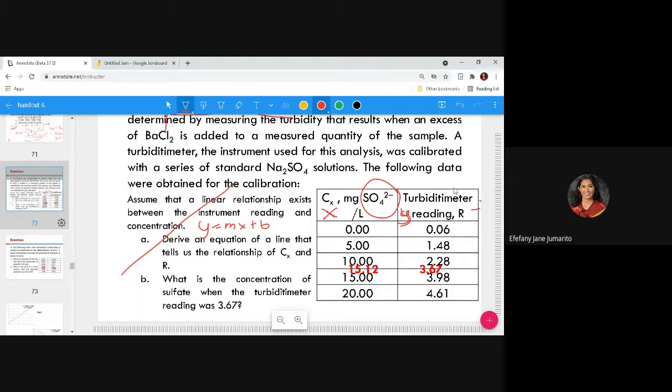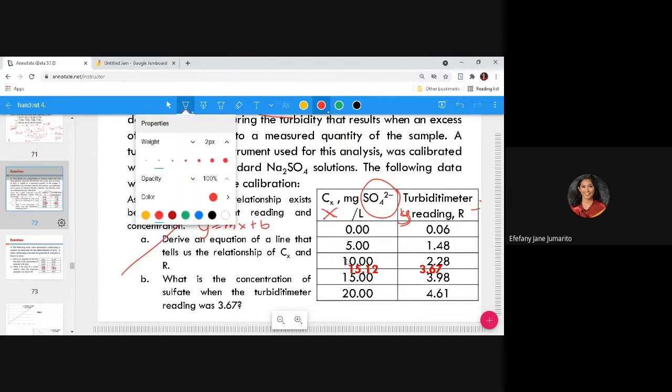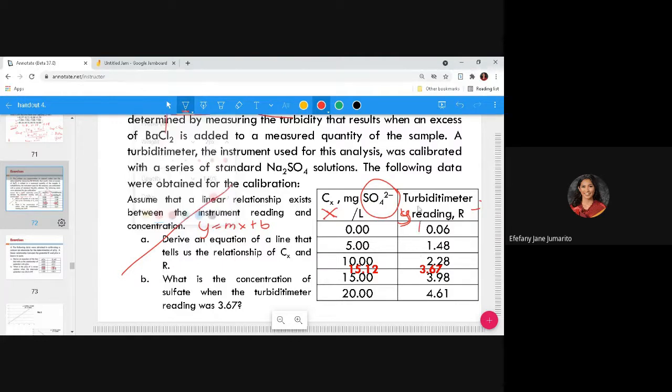So do they have a direct relationship, or are they independent of each other? Even without looking at your Excel, just looking at your data, you can tell they have a direct relationship, because as you increase the concentration of your sulfate ion, the turbidity meter reading also increases.